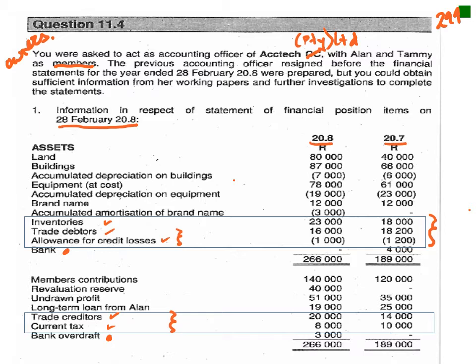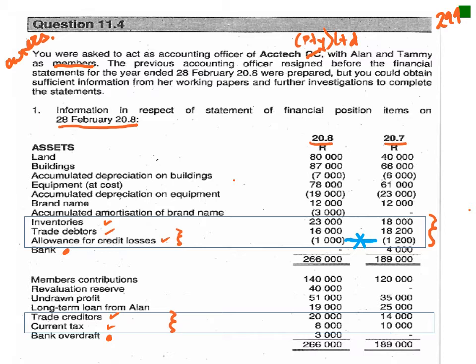What I first want to say is if you think about the allowance for credit losses, this allowance for credit losses changed by 200 Rand. But that change, there's no cash effect to it. All that we've done is we've decreased the allowance for credit losses. So that decrease will be a debit to allowance for credit losses, credit the statement of profit and loss.